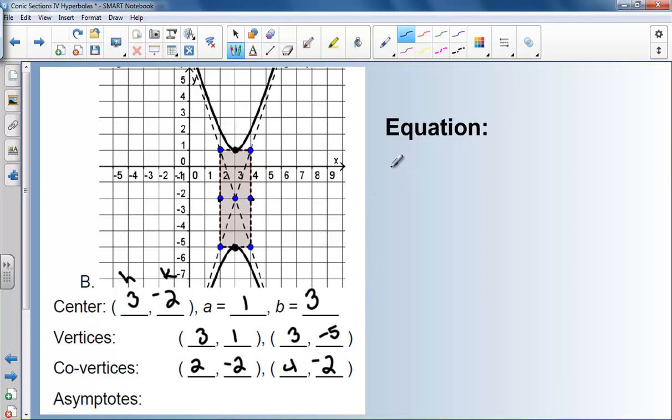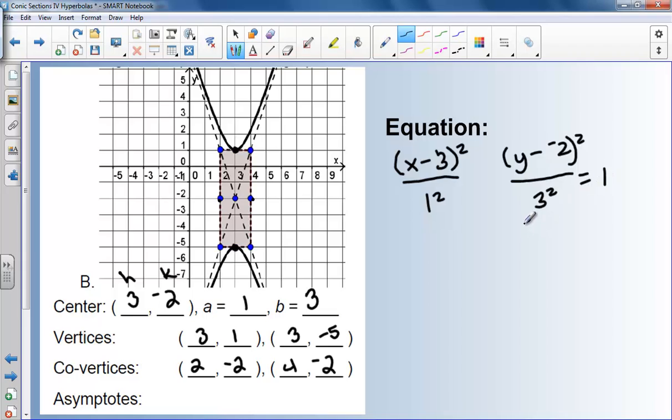And I need an equation so I can graph this. So let's start with x minus h, so x minus 3 squared over a squared, y minus k squared over b squared equals 1.